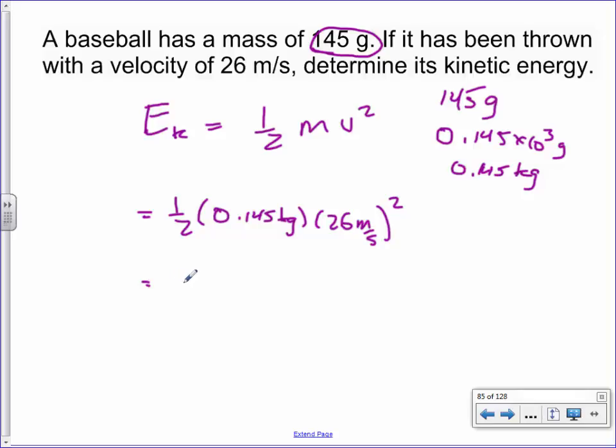How do you know how to get 0.145? In order to get from grams to kilograms, you're dividing by 1,000. So here's what I got, 4901. Didn't do it right. Anybody else get 4901? Okay, so it is just you, Josh, sorry. Call me over if you still don't get it, okay?